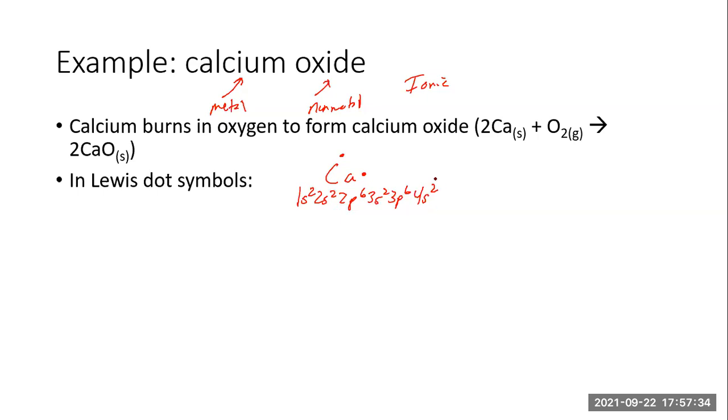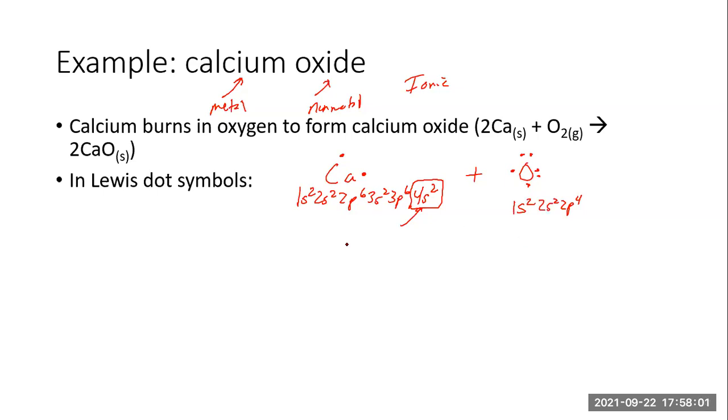And it is these 2 electrons right here in calcium that are the valence electrons. They're represented by those 2 dots. If we take oxygen, oxygen is group 6, which means it has 6 valence electrons, and 1s2, 2s2, 2p4 in this case.